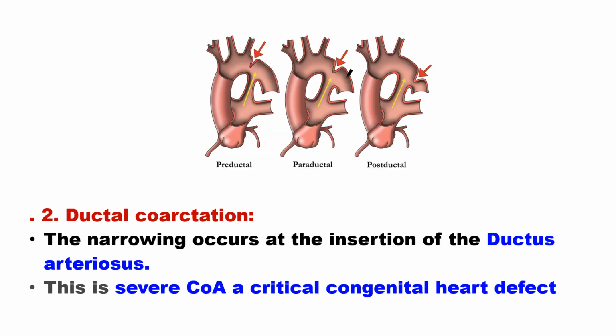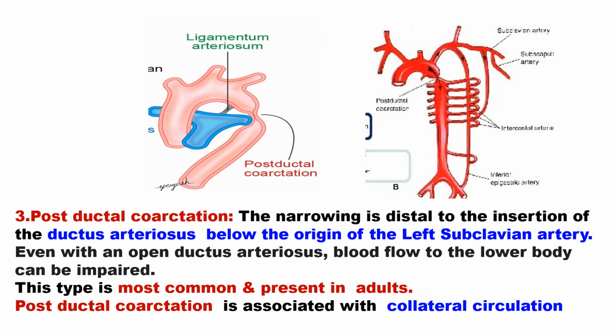In ductal coarctation, the narrowing occurs at the insertion of ductus arteriosus, a severe type of coarctation of aorta and a critical congenital heart defect. In postductal coarctation, the narrowing is distal to the insertion of the ductus arteriosus, below the left subclavian artery.